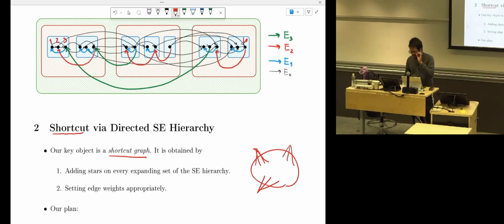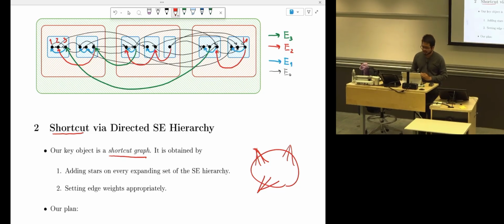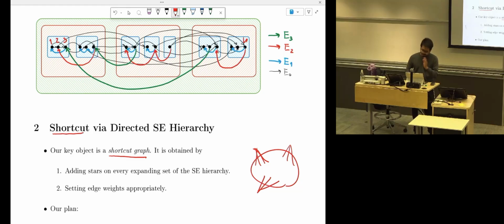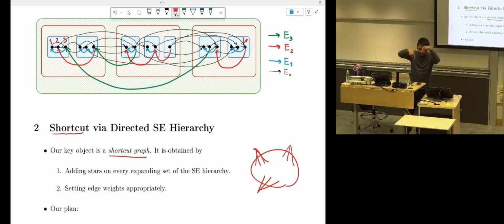Something like that. We're going to see it precisely very soon. Basically, for now, for each cluster I add one star, where the leaves of the star are basically on the expanding set of edges. But we'll see this.